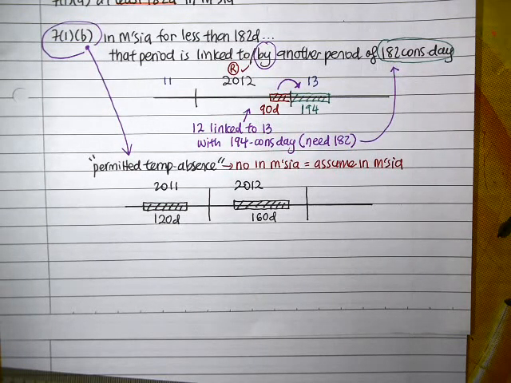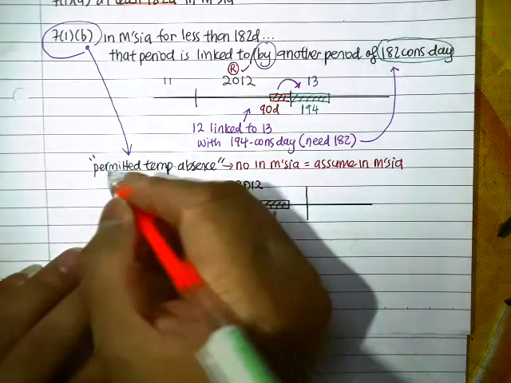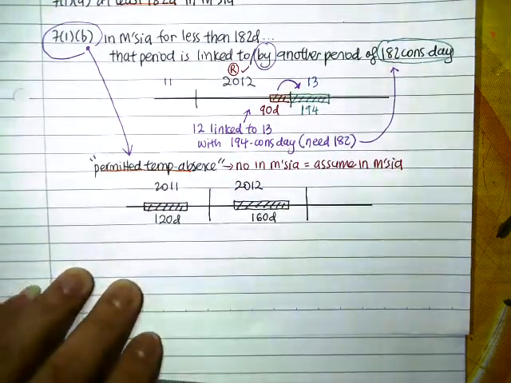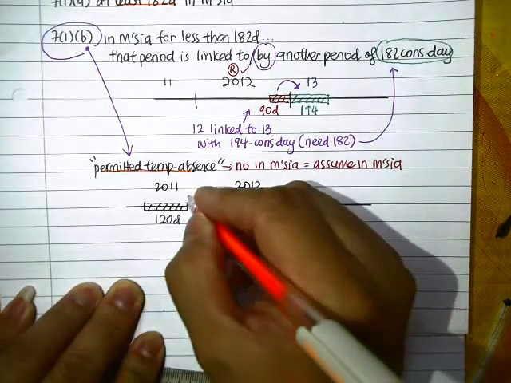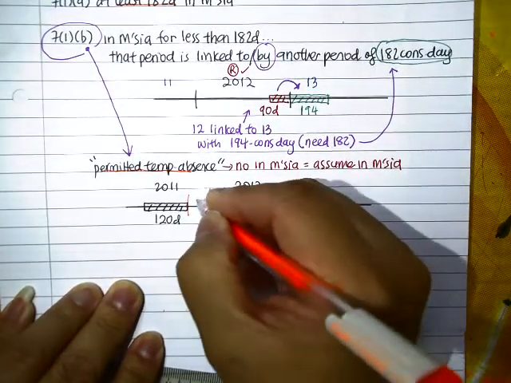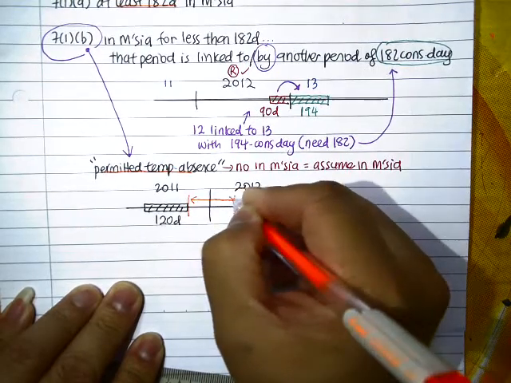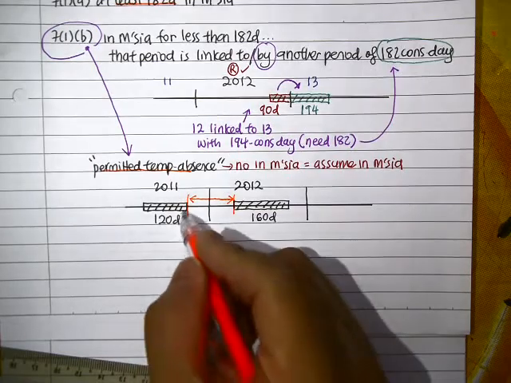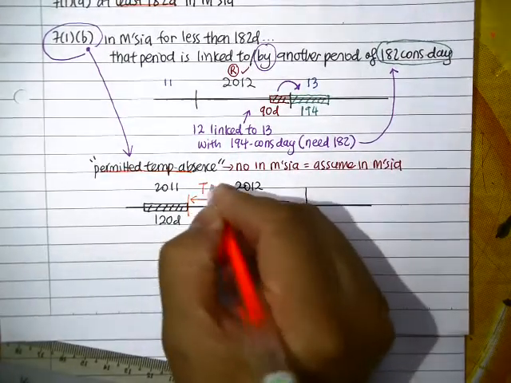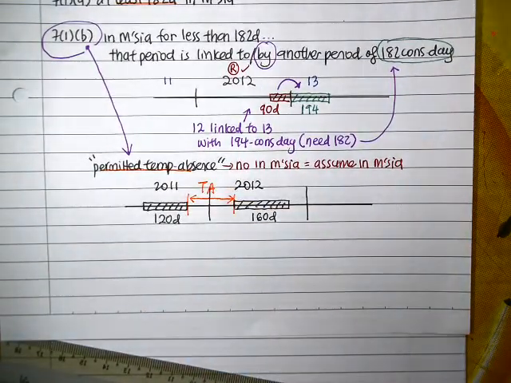But the exception to this is when you tell me the reason why you are not in the country is because of temporary absence. Let's say I tell you over here that you are not in the country from this date to this date because of temporary absence.